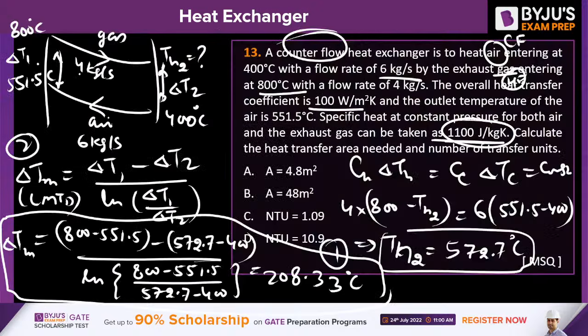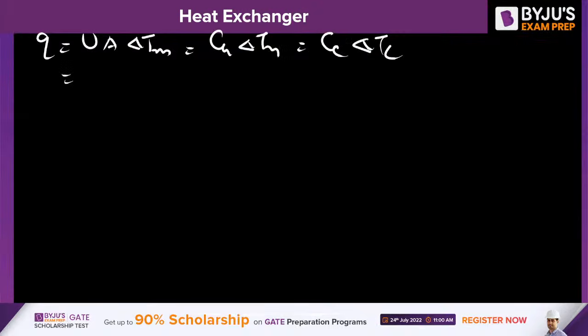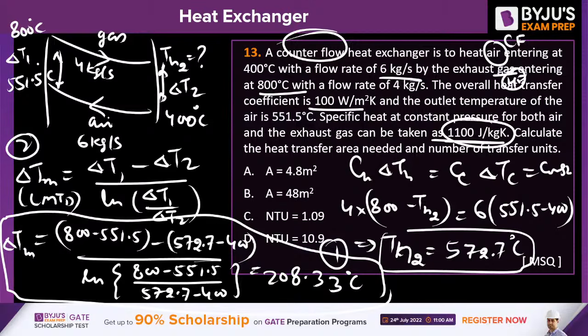U is given as 1100, A is the area, and delta T is equal to 208.33, and Ch is the mass flow rate of the hot fluid. What is the mass flow rate of the hot fluid?